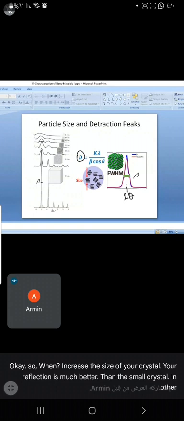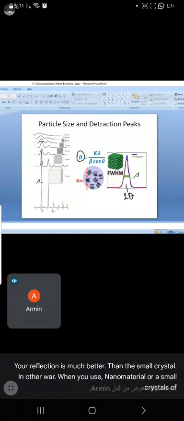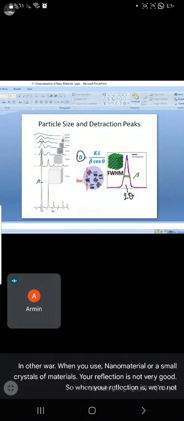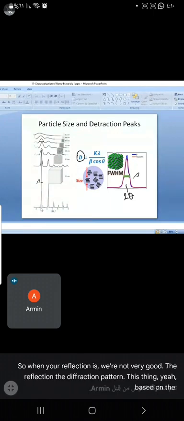In other words, when you use a nanomaterial or small crystals of materials, your reflection is not very good. So when your reflection is not very good, the diffraction pattern based on the diffraction angles is wide.